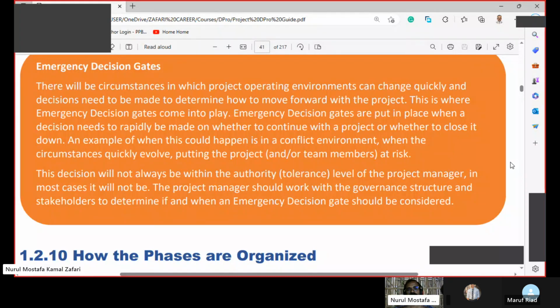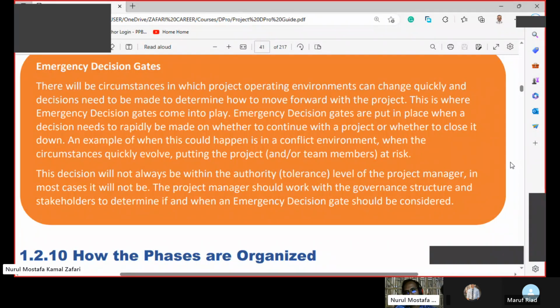Many of my respected colleagues, you have worked in emergency programs, humanitarian programs, where the projects are being implemented in a conflict scenario, a post-conflict scenario, a flooding scenario, an earthquake scenario, a fire incident scenario. In these situations, there are some emergency decision gates where you can skip the decision gates. Maybe you have not ensured the government authorization, but the flooding is happening.